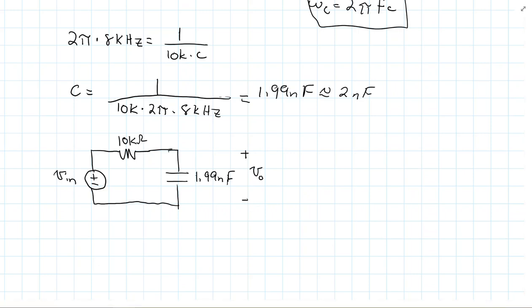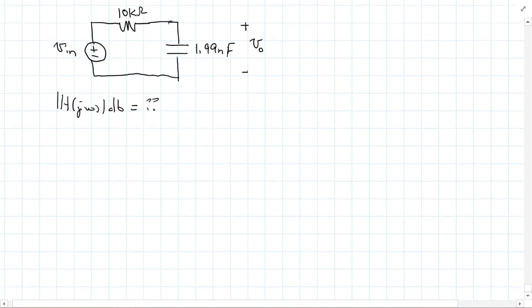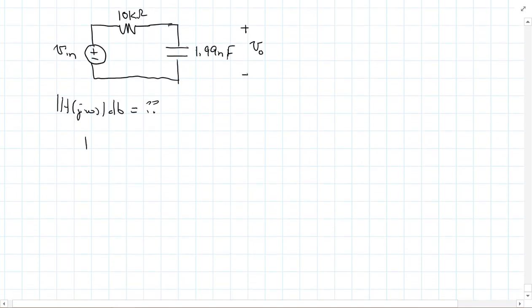Now we're going to compute the magnitude of H at j omega in decibels. Before we do that, let's remember that my general transfer function was H of s is equal to omega c over s plus omega c.